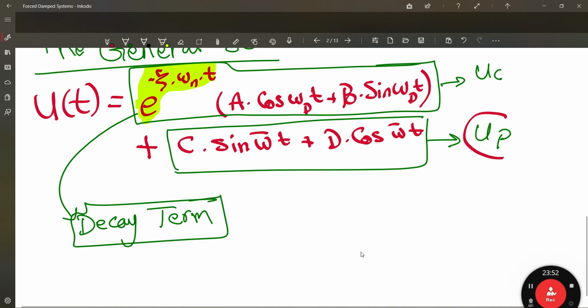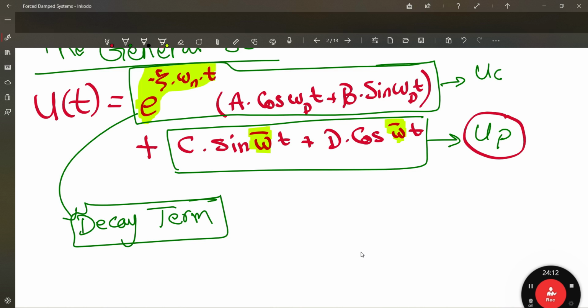This part, which is the particular solution, is going to be there. This is why we call it the steady state. As you can see here, we have omega bar, which is related to the forcing frequency.